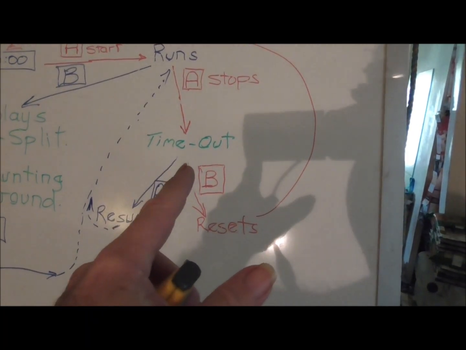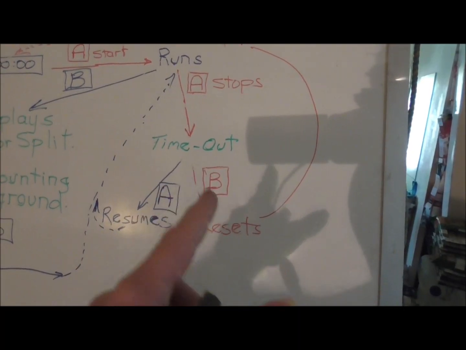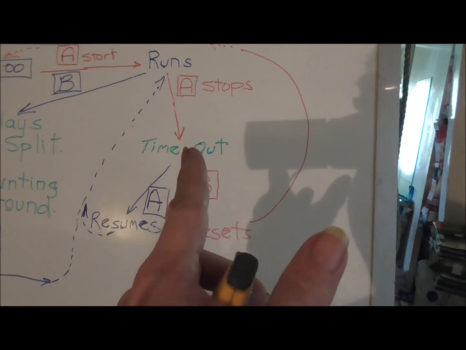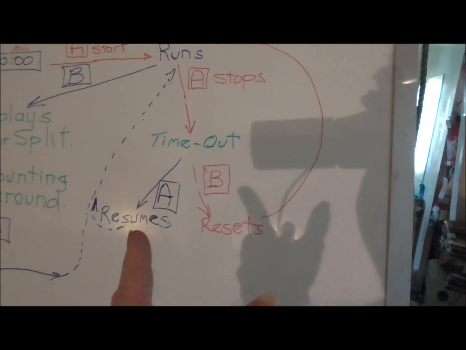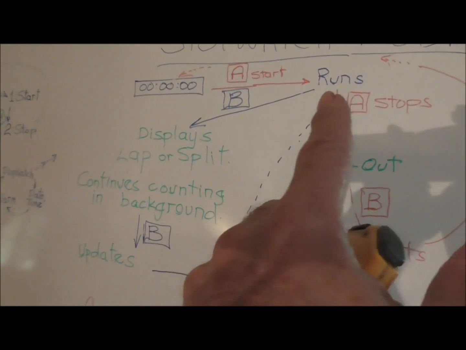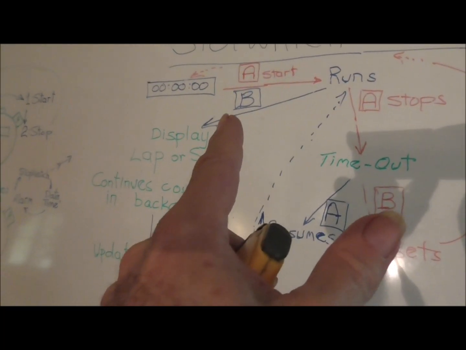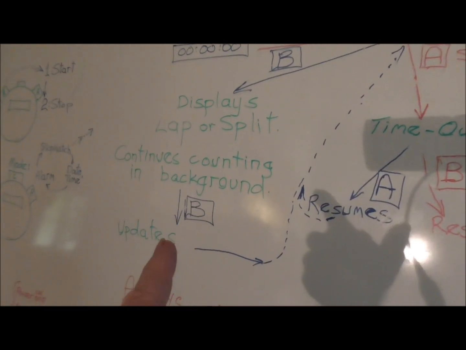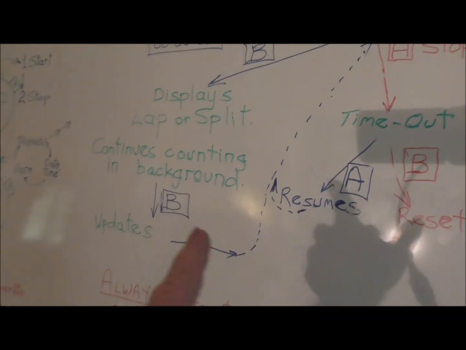As a swimming timekeeper, you usually reset at that stage, but if you're a basketball official, you'll start it again with button A and it'll resume. If you're a swim coach, you might go over here, press button B, you're running, you press button B, copy down your lap time, start it again with B and go around this way.